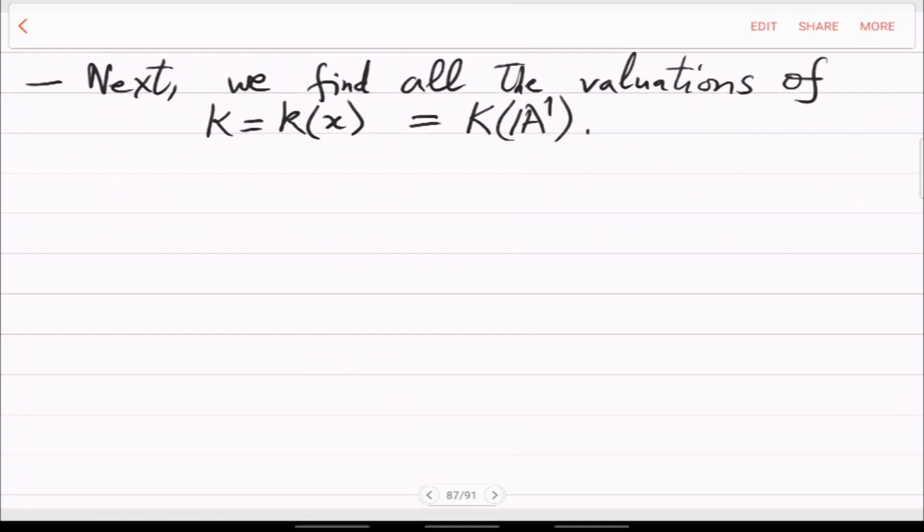Okay, so now we will see what the valuations of the field of the affine line are. Before that, let's pick a more basic example, that of rationals.